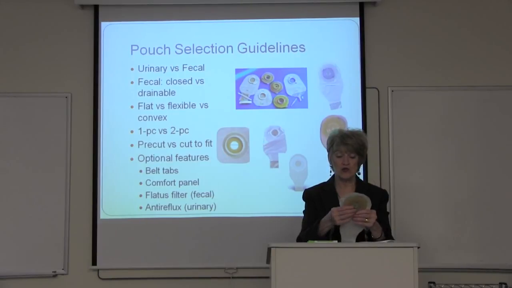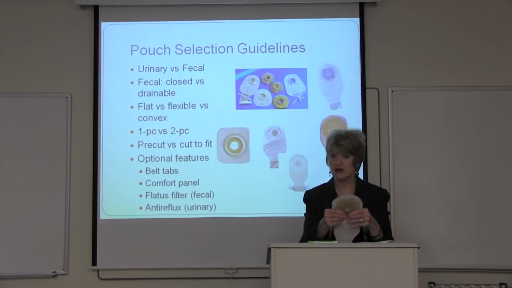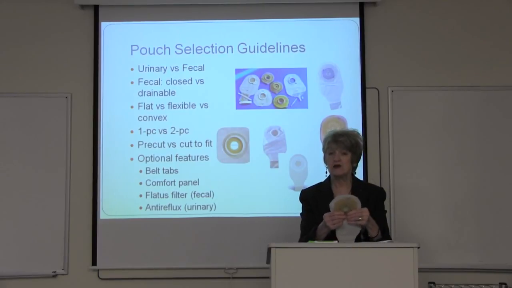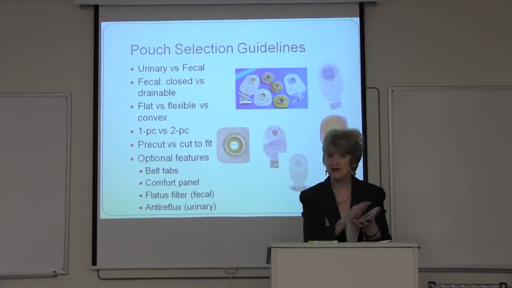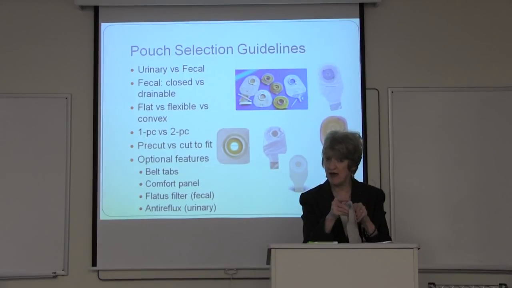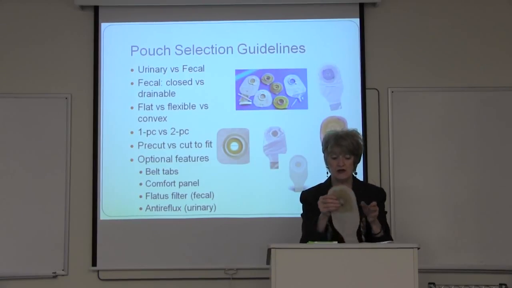And so what you'll think about in selecting a pouch for your patient, you'll think about their dexterity. You'll talk to them about their clothing choices. You'll talk to them about their priorities. Do they want something that's super flat, super easy, peel off and reapply? Would they rather have a pouch that gives them the option to remove the pouch and replace the pouch?